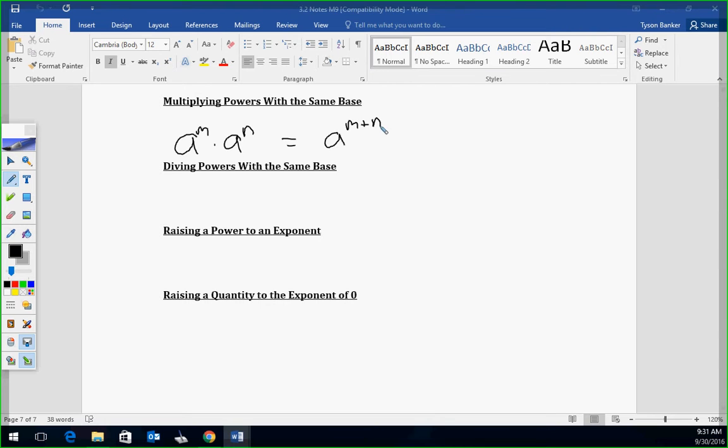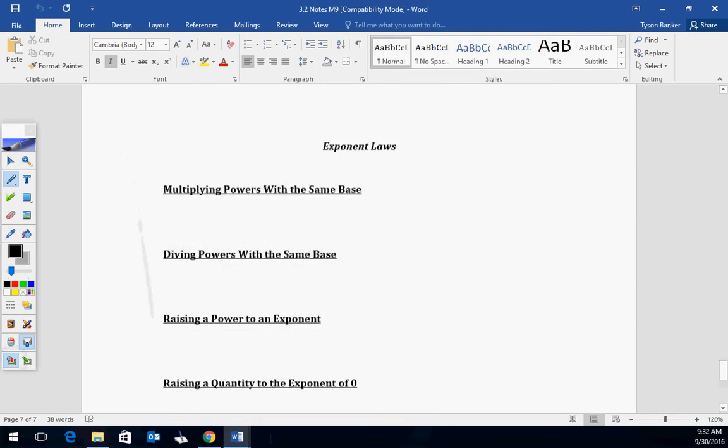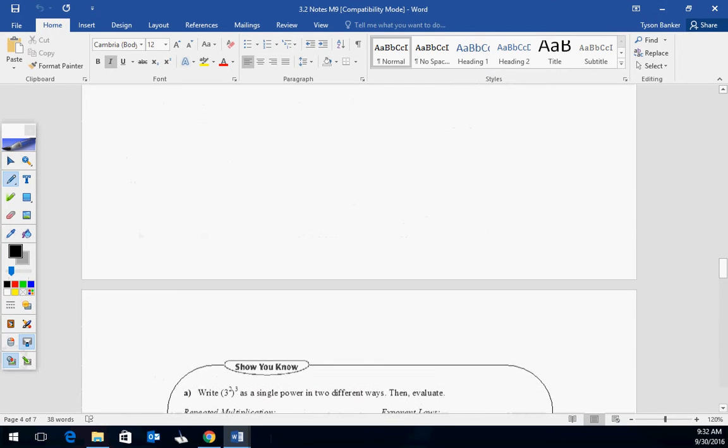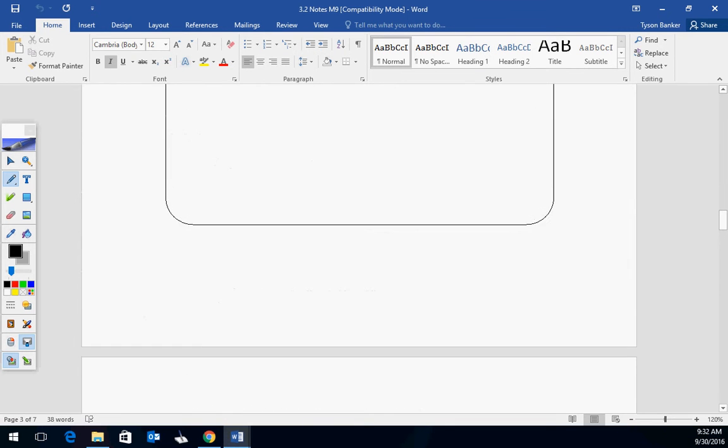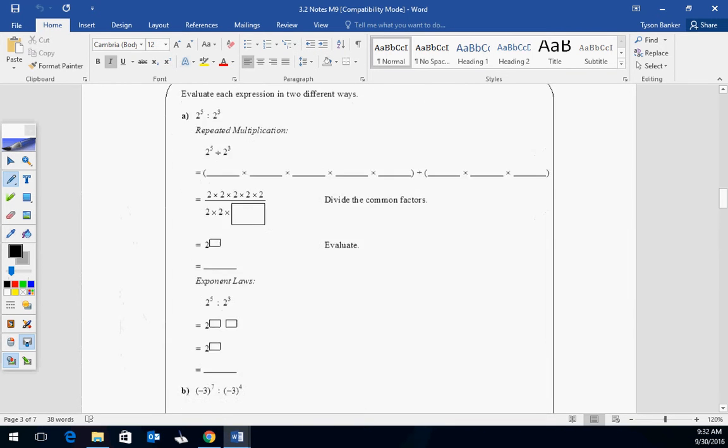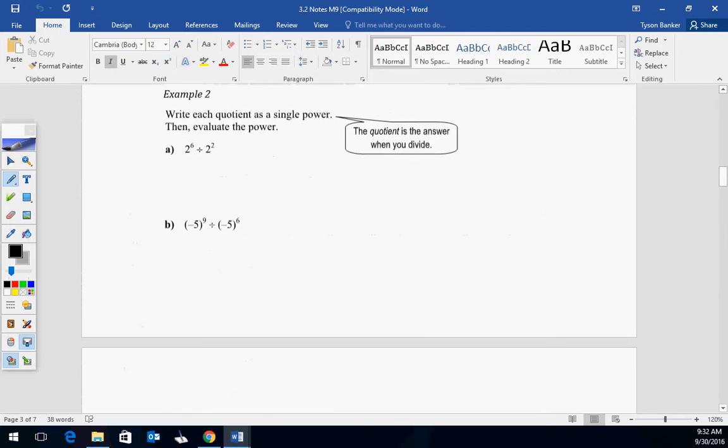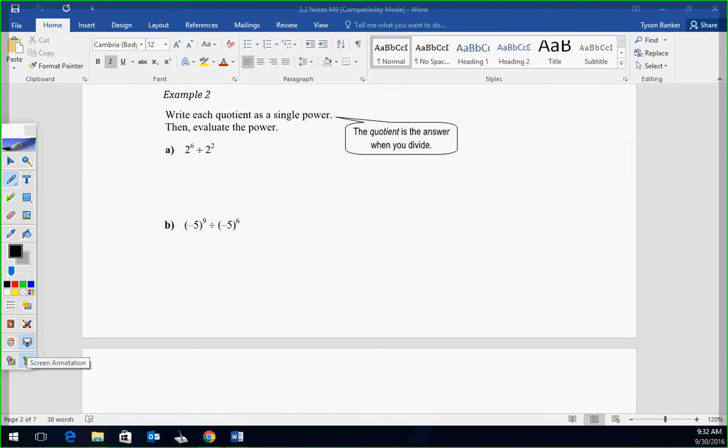All right, let's go back to that example 2 where we're going to switch to division now. Write each exponent as a single power, then evaluate the power.